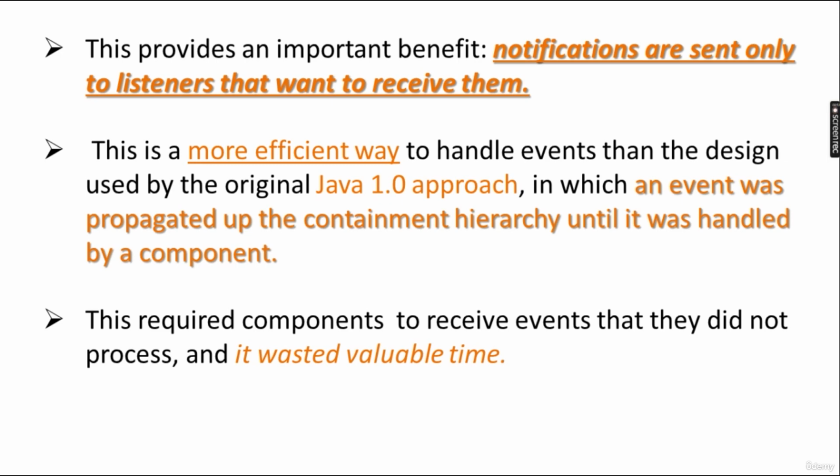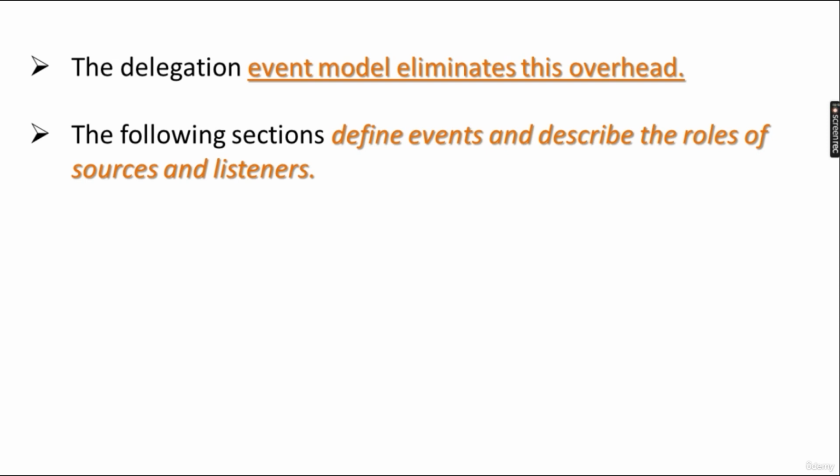This required components to receive events that they did not process, and it wasted valuable time. All components used to receive the notification, even when they were not interested, in the Java 1.0 model, and it wasted valuable time. Here, only interested listeners will have the notification. The delegation event model eliminates this overhead regarding time complexity.